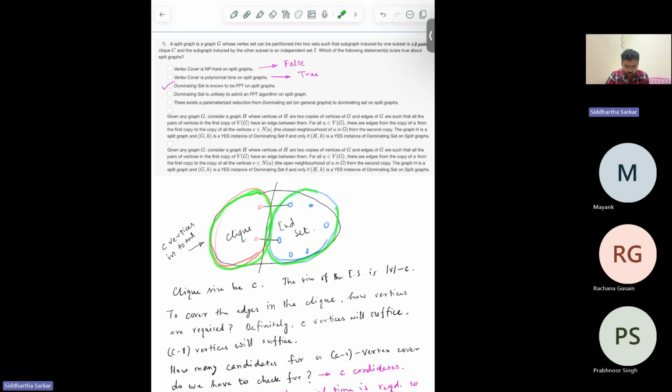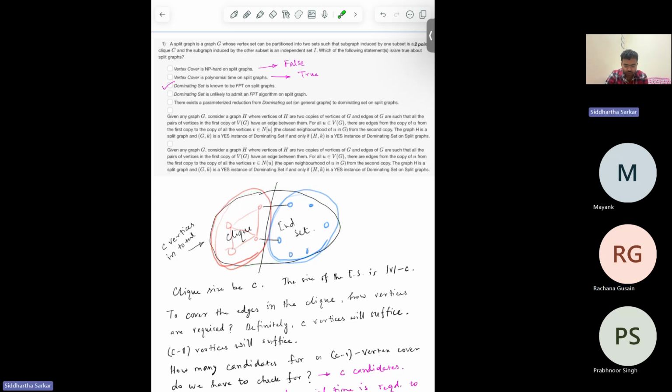One part induces a clique and the other part induces an independent set. So here among the blue vertices, there are no edges, but among the orange vertices, that is the other side, there is a clique. So they form a clique. But there could be crossing edges, that means one endpoint lying on one part, the other endpoint lying on the other part. So if that is the structure of the graph, then we call it a split graph.